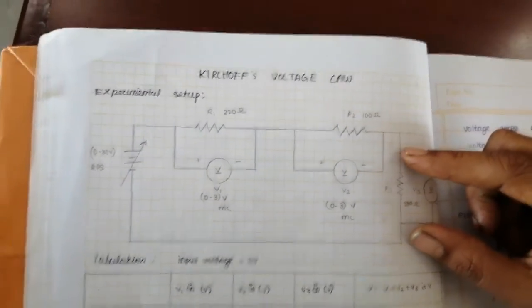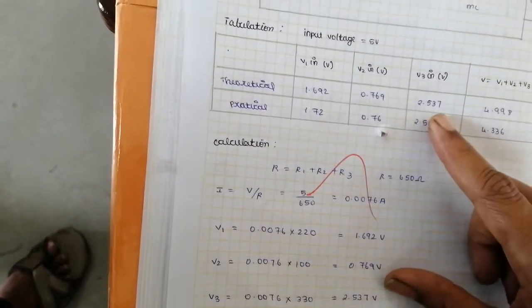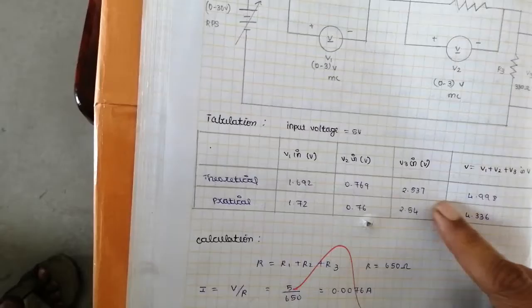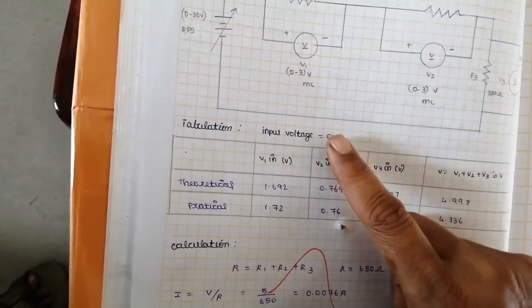V3 is the voltage drop across R3, the current into 330 ohm, which is 2.537 volts. By adding these three, we get 4.998, that is the applied voltage V.